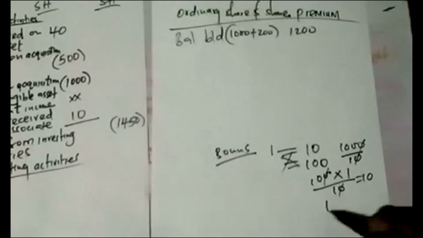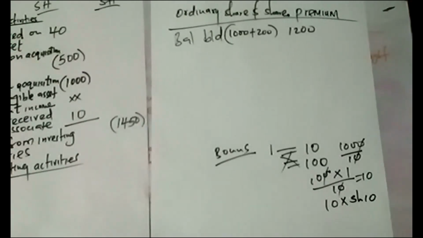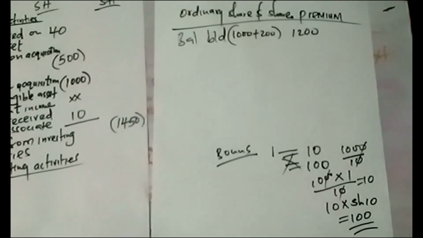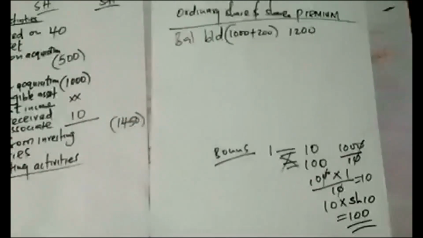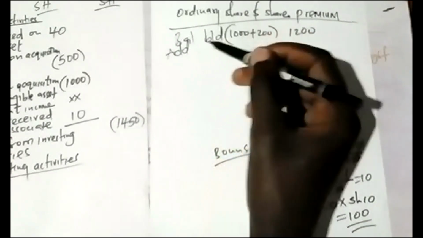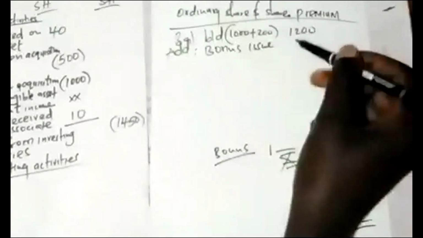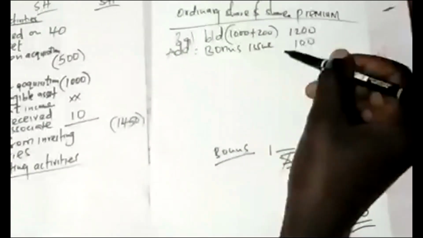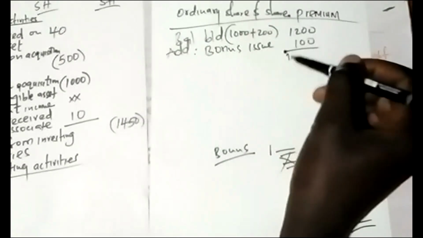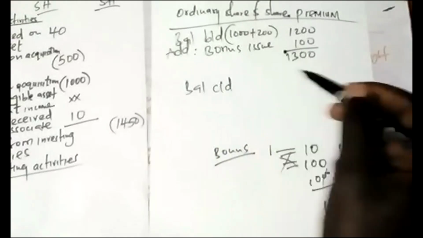In order to get the total value there, you multiply with shillings 10 per share, so that we know the value of the 10 shares which were through bonus. So that is 100. That is what we need to add here. So we need to add the bonus issue of 100. So that is 13. Then we compare with balance carried down.